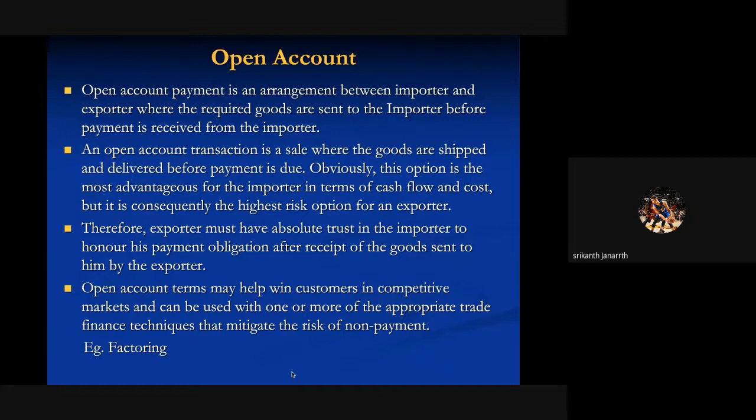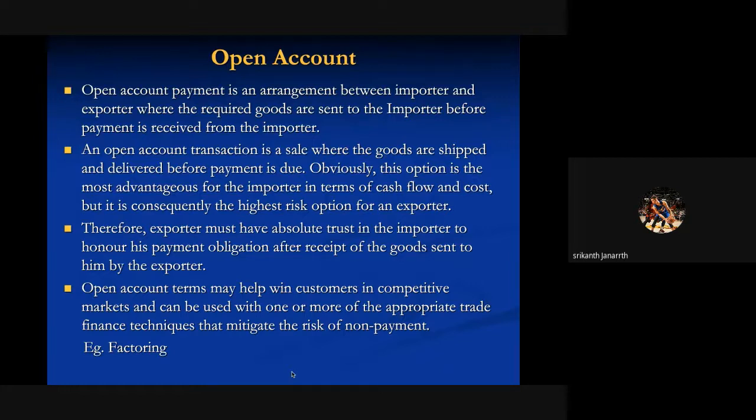What he does is he goes and sells that invoice to somebody. That is what you are going to learn as factoring. So factoring means there are finance institutions, credit agencies. Their job is to buy receivables and make the payment, and they will ensure they collect the money from the ultimate buyer.